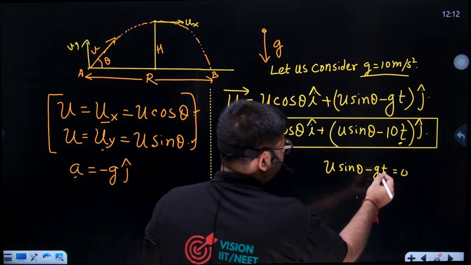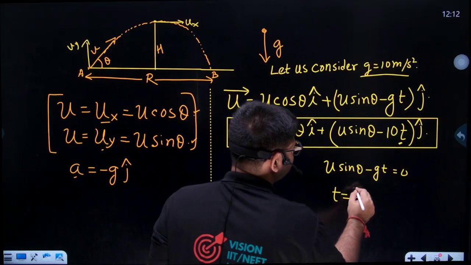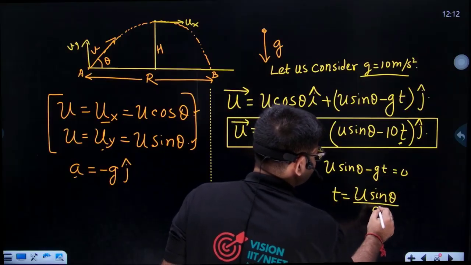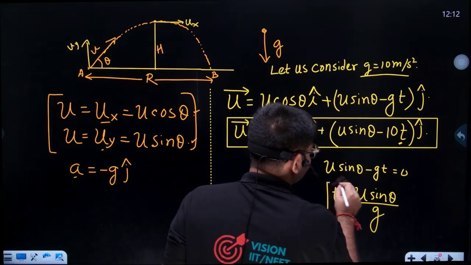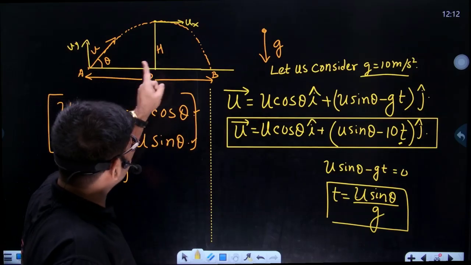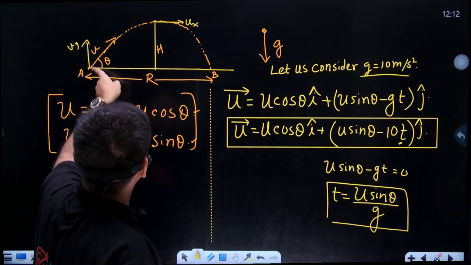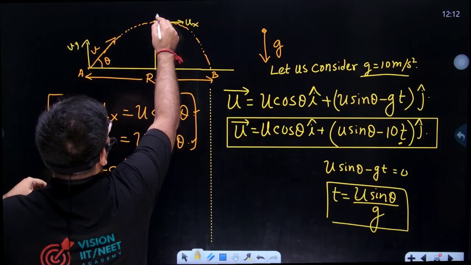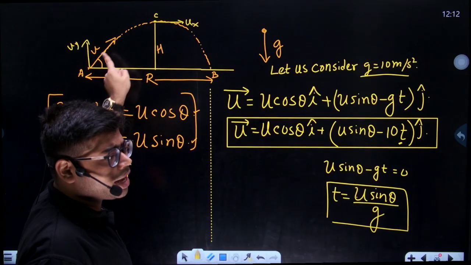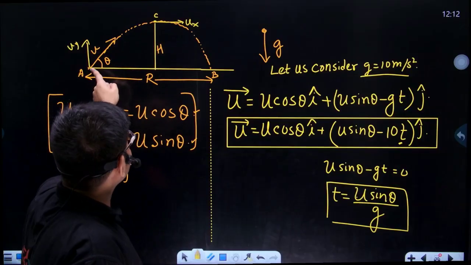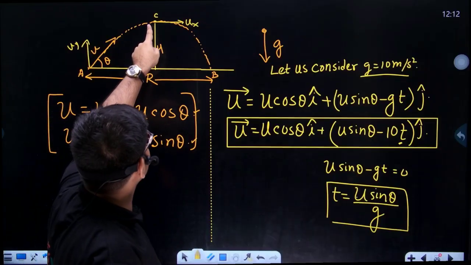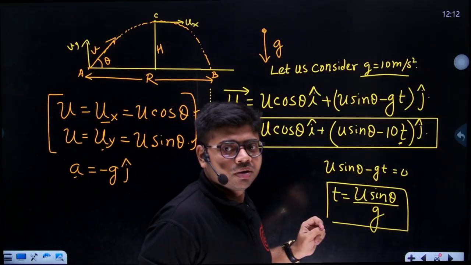Right? So from here you get t is equal to u sin theta by g. Okay? Now, लेकिन ये क्या आया है? This is the time taken to reach from A to C, if this is my point C. Now the time taken to reach from A to C, equal time is going to be taken to reach from C to B also. Okay?